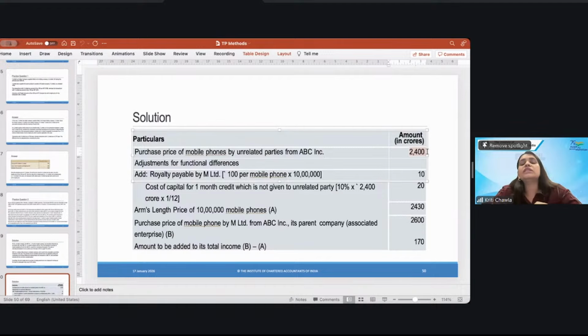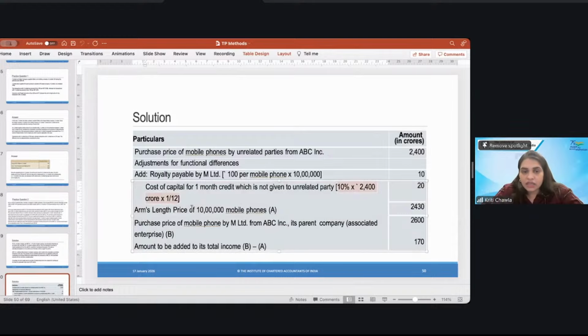Similarly, in terms of the credit period available, the cost of capital for 100 crores for 1 month, so 1 by 12, is 20 crore. This is also added back. So what you get is 2430.